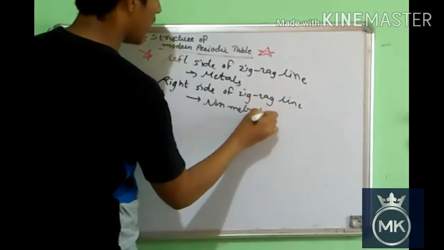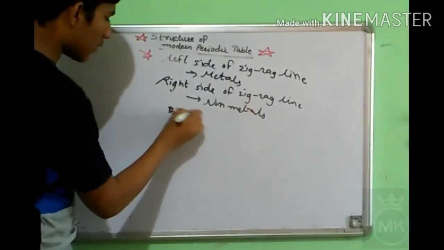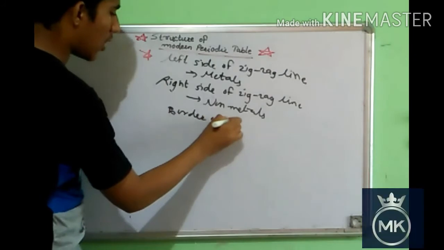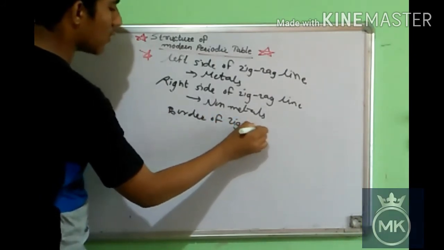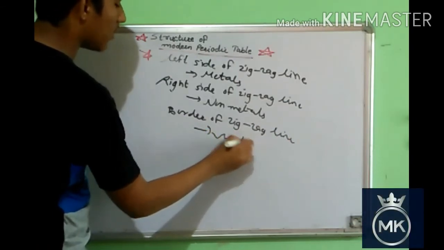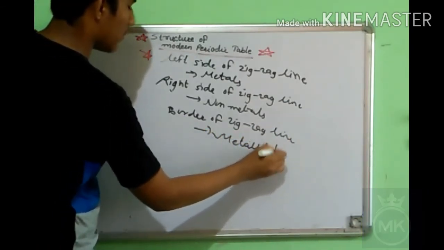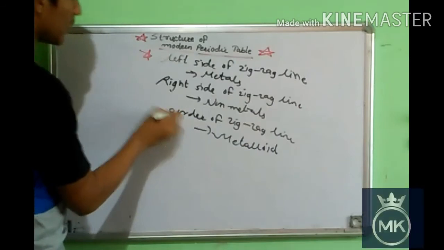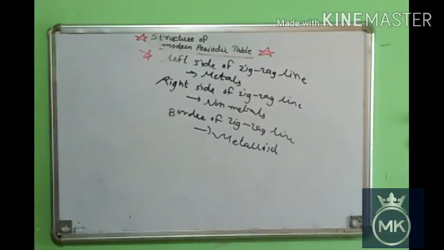And at the border of the zigzag line, metalloids are included. So friends, our structure of the modern periodic table is complete here.